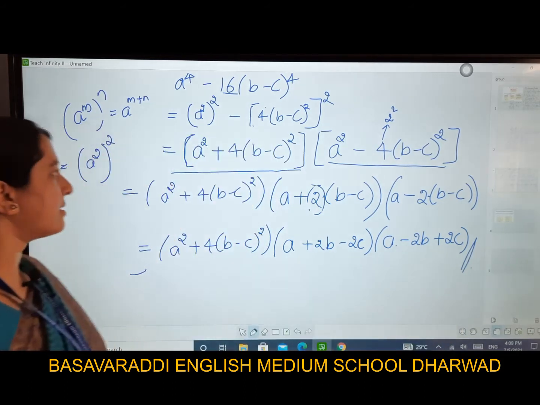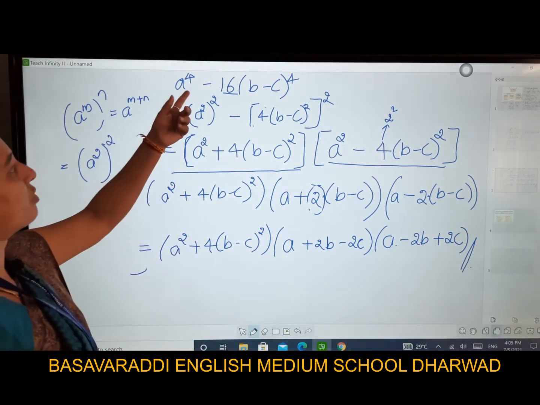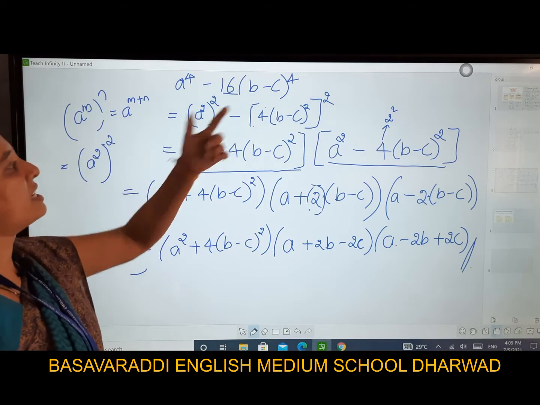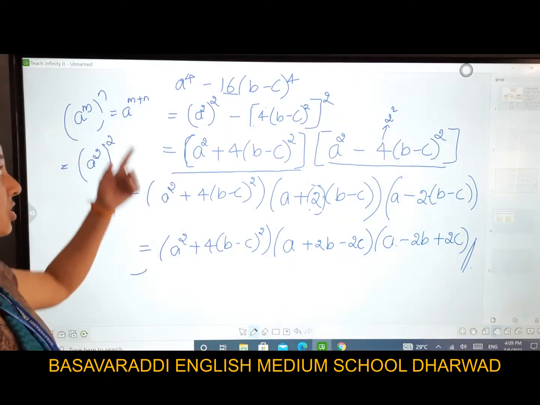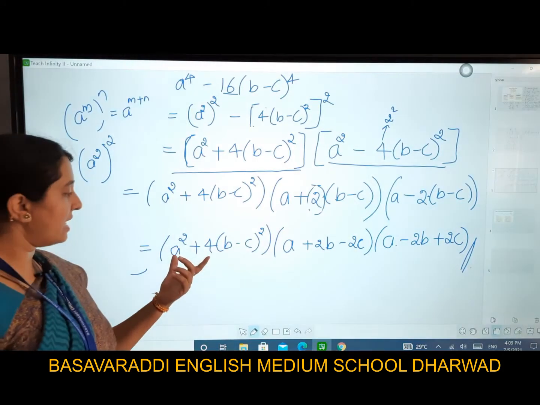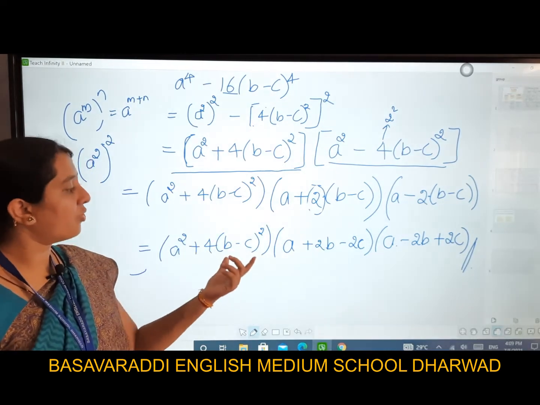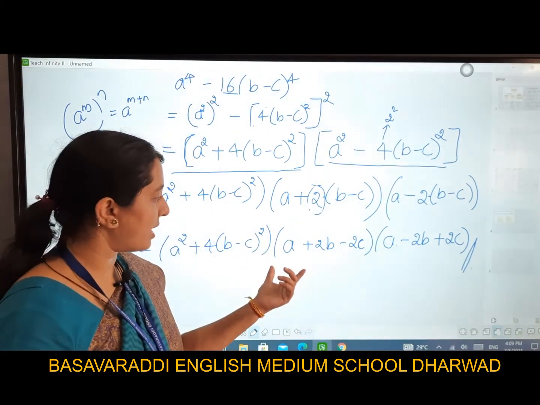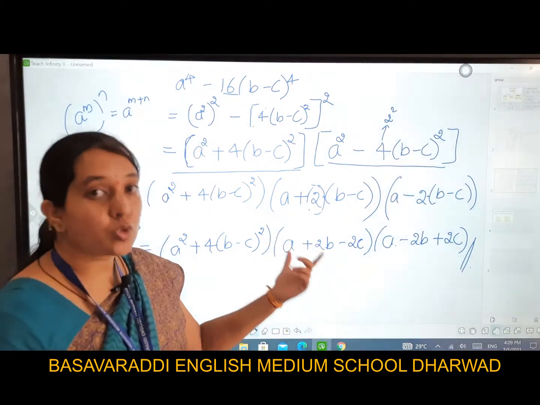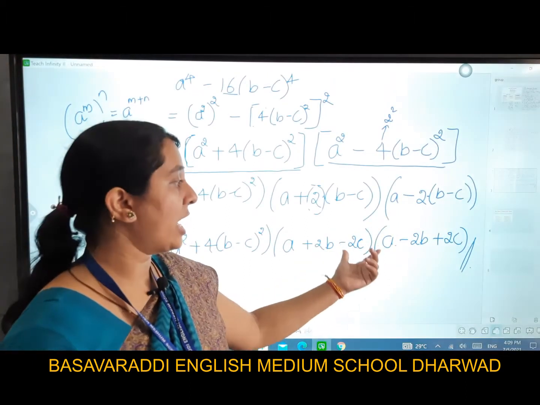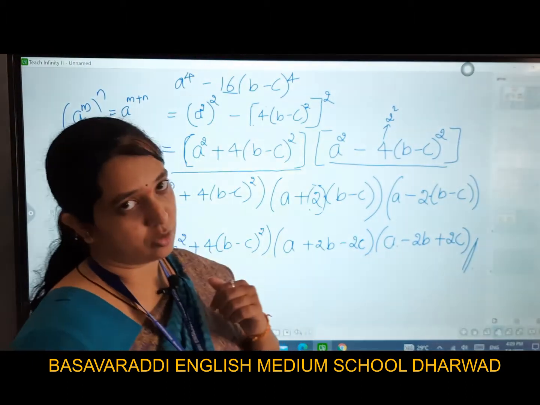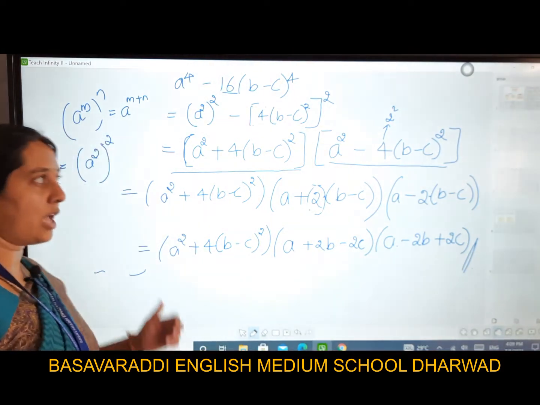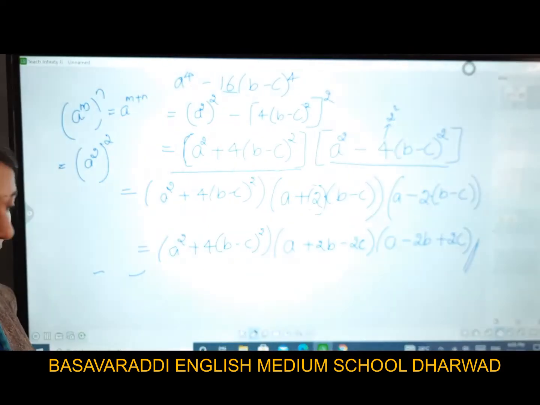So the factors of a raised to 4 minus 16 into b minus c raised to 4: a raised to 4 we have, so that will be a square plus 4 into b minus c whole square, into a plus 2b minus 2c, or a minus 2b plus 2c. I hope you have understood this particular part here.